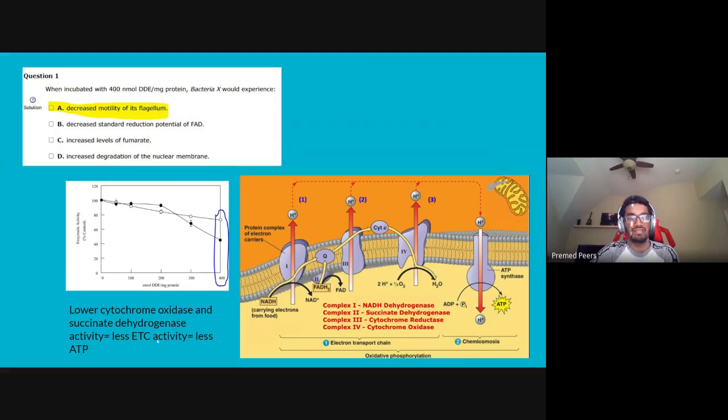And when you have decreased ETC activity, that means less ATP is being generated. And less ATP means less energy. And so we have a solution that accounts for this decreased energy output, which is the decreased motility, because flagella do use ATP to rotate.